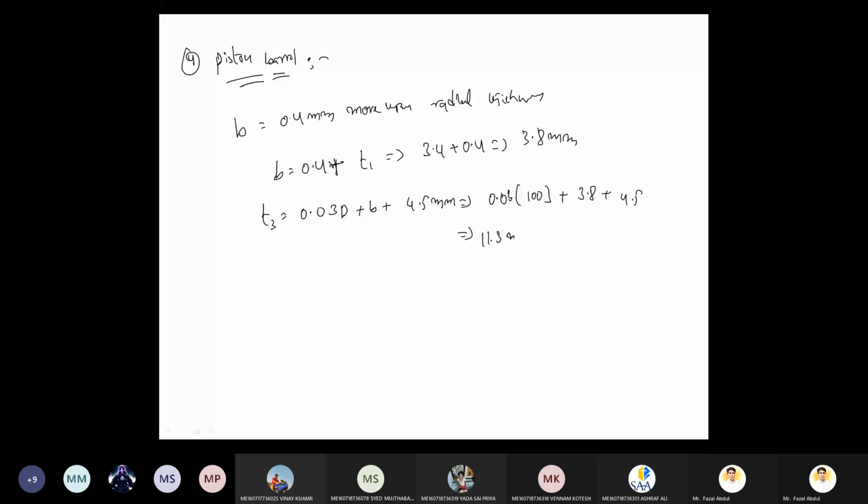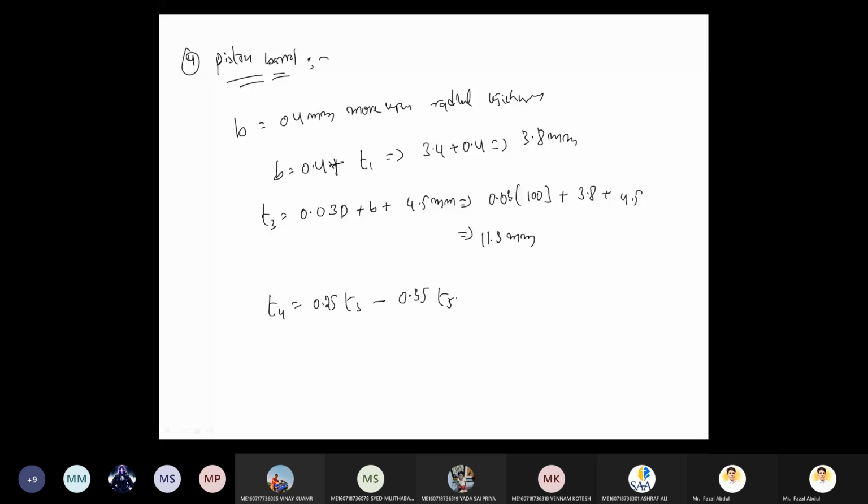That is T3. And the piston wall thickness towards the open end is denoted by T4. The relation is 0.25 T3 to 0.35 T3.